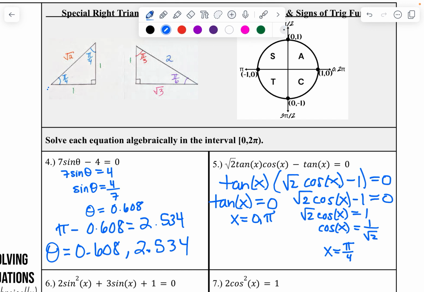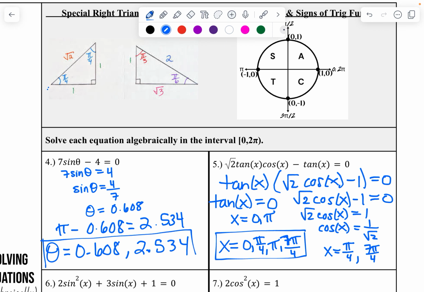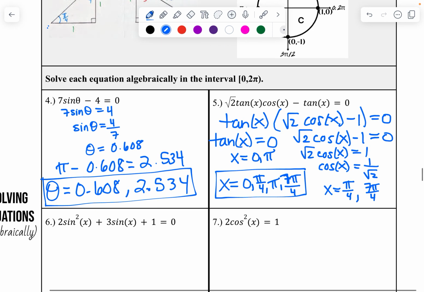So 2 pi minus pi fourths gets us 7 pi over 4, because 2 pi would be 8 pi over 4. So 8 pi over 4 minus pi over 4 gets us 7 pi over 4. All right, so all the possible values for x: 0, pi over 4, pi, and 7 pi over 4. All of those angle measures would give us the desired output and would satisfy the equation.